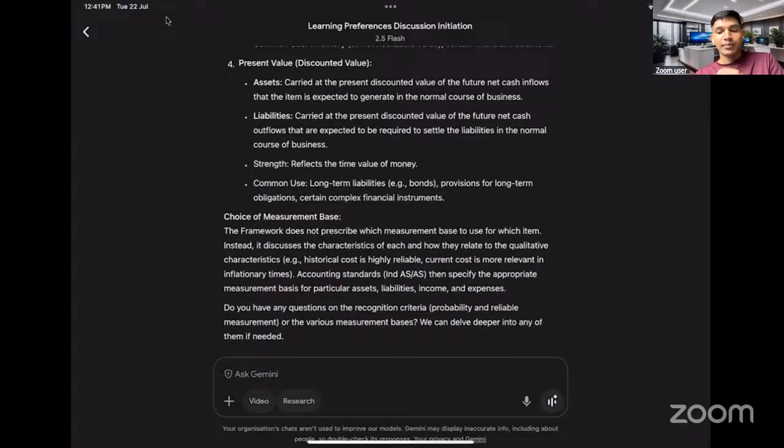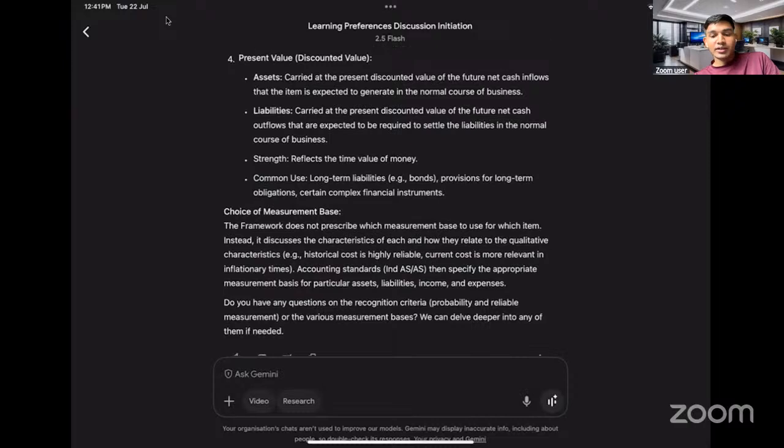Liabilities are carried at the present discounted value of the future net cash outflows that are expected to be required to settle liabilities in the normal course of business. Strength: reflects the time value of money. Common use: long-term liabilities such as bonds, provisions for long-term obligations, and certain complex financial instruments.